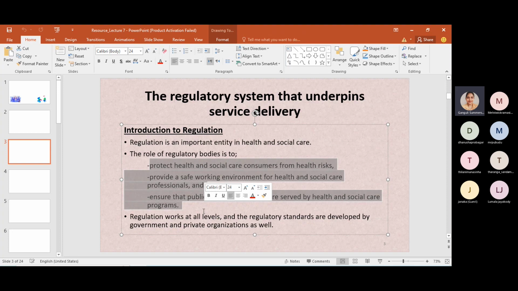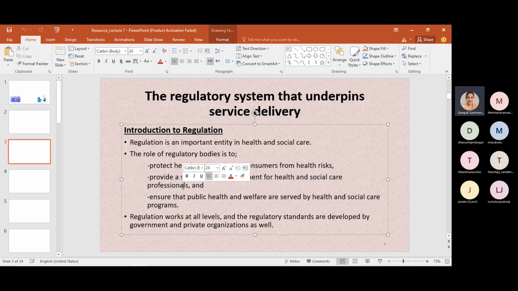These regulatory bodies are there to protect service users or customers from health risks, to provide a safe working environment to the health and social care workers, and to ensure the health and welfare of the public. Sometimes they carry out health and social care related programs for the general public. These are the roles of regulatory bodies.